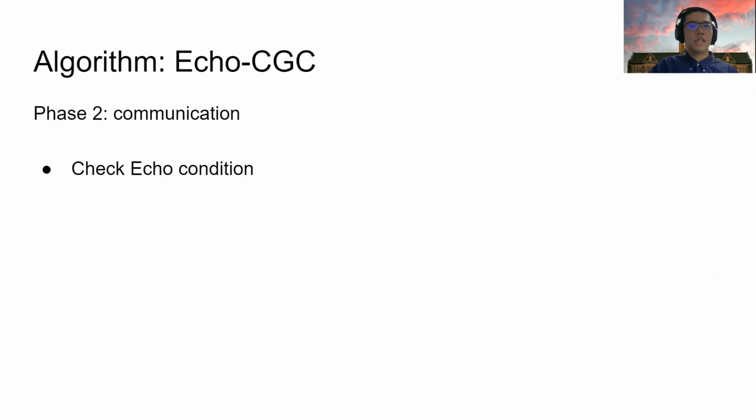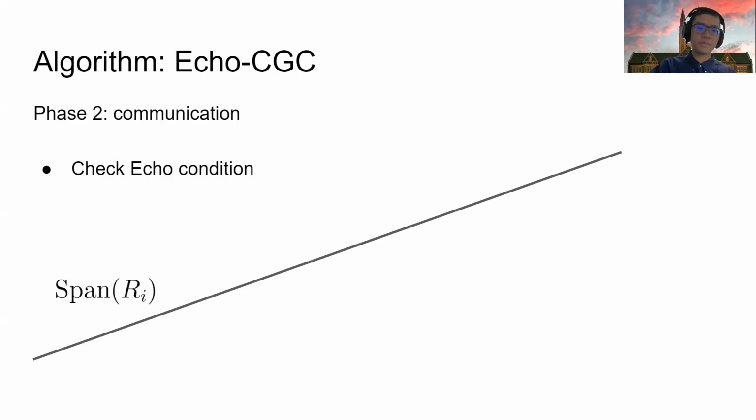Now we discuss in detail the echo condition. At the beginning of each time slot i, worker i will check its echo condition, and if this condition is satisfied, then it will broadcast a reduced message instead of the entire gradient. Recall that R_i is the set of stored gradients by worker i.